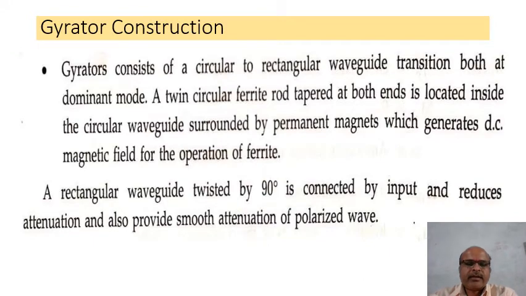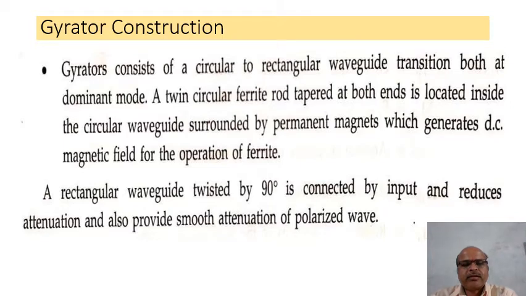Gyrator construction. A gyrator consists of circular to rectangular waveguide transitions, both in the dominant mode. A twin circular ferrite rod, tapered at both ends, is located inside the circular waveguide, surrounded by permanent magnets, which generate a DC magnetic field for the operation of the ferrite.